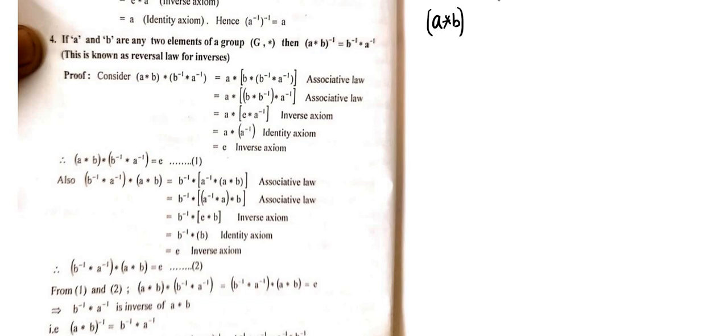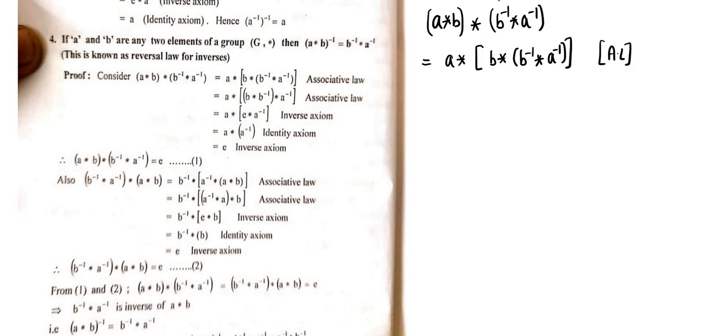Consider (a * b) * (b^-1 * a^-1), which is equal to a * (b * (b^-1 * a^-1)) by using the associative law. Observe, the associative law is (a * b) * c = a * (b * c). Consider this as c.